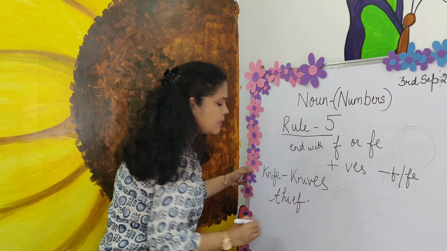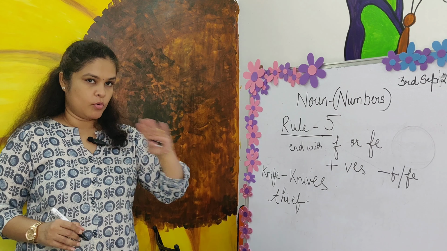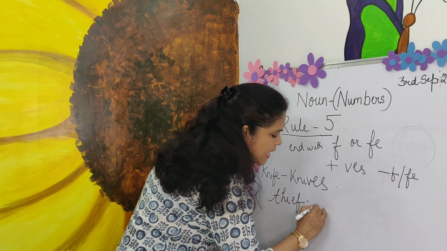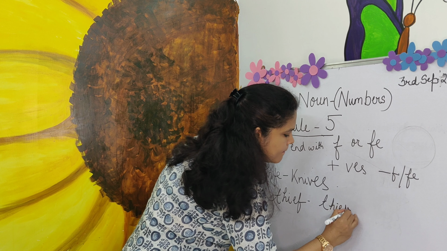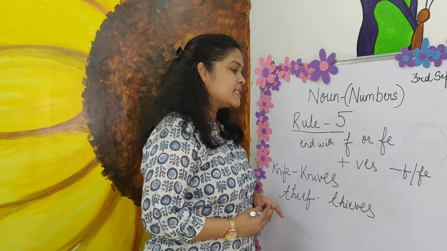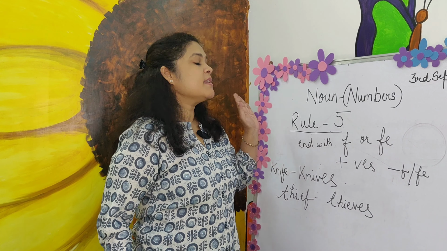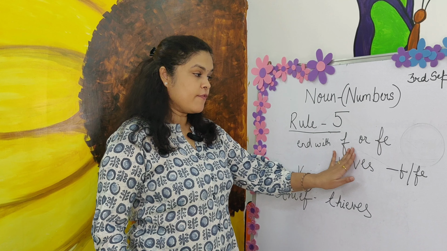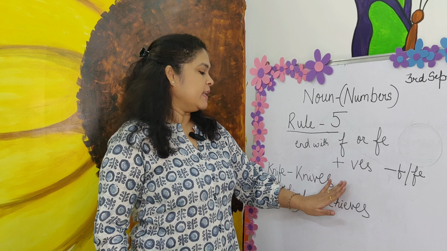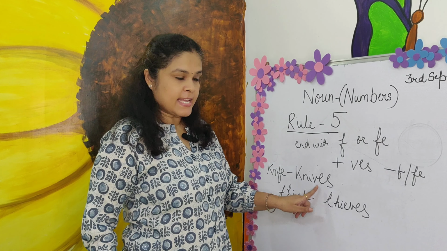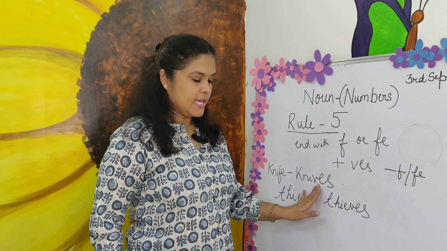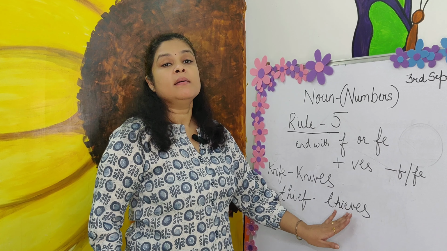Thief. It ends with F, remove F, say bye to F, add VES. So yes, again, let's revise it. Nouns that end with F or FE, we will remove this FE and add VES. So knife became knives and thief became thieves.